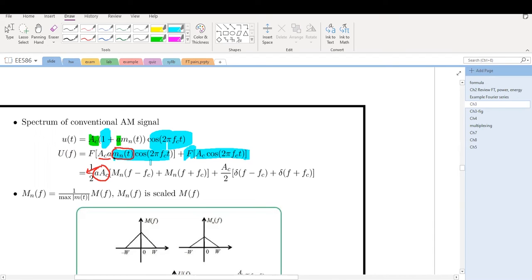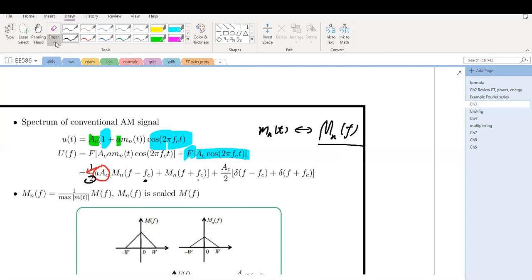m_n(t) cosine 2 pi f_c t. We have this m_n(t), with Fourier transform M_n(f). So the Fourier transform of m_n(t), the normalized message, we call it M_n(f). The spectrum moves to f_c and minus f_c, and you take half.